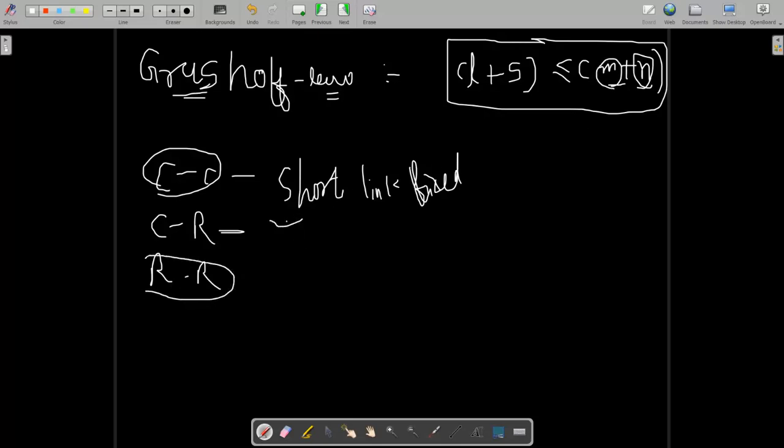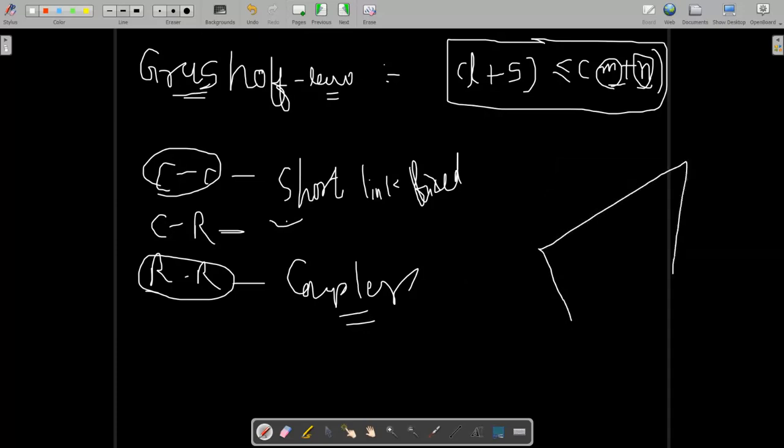And the rocker mechanism means the fixed link is the coupler link, or you can say the longest link, not parallel to the fixed link but the coupler. Like if this is a 4-bar mechanism, this is the shortest link, this is the longest, and this is M, and this is N. If you fix the shortest link, you will get a crank mechanism.